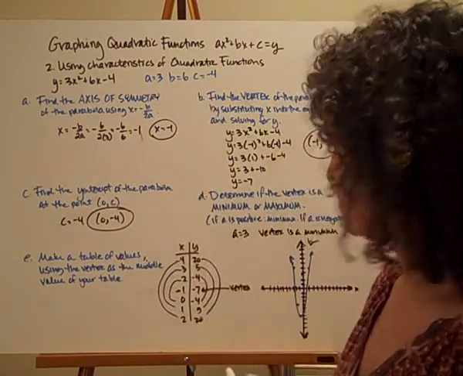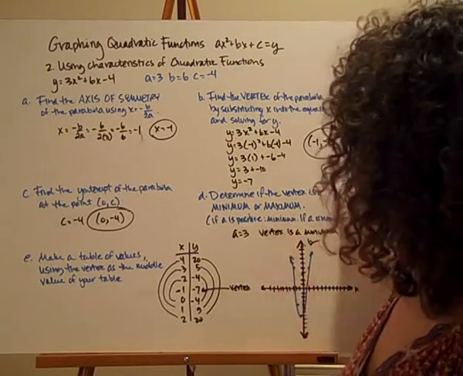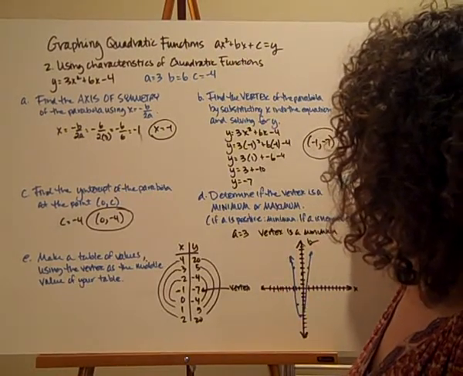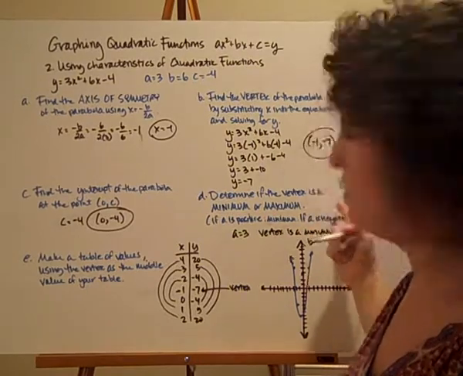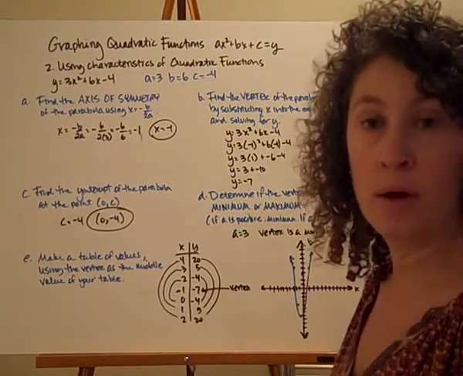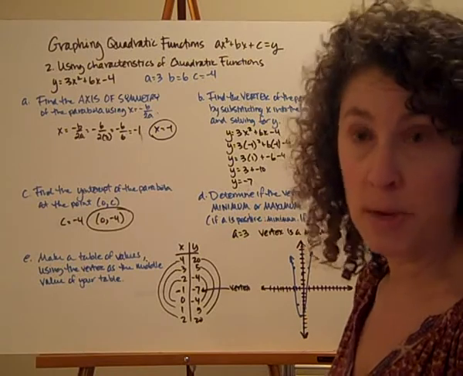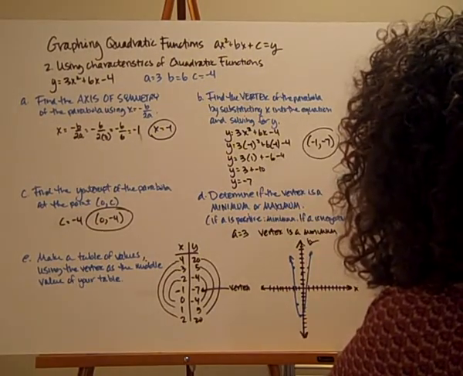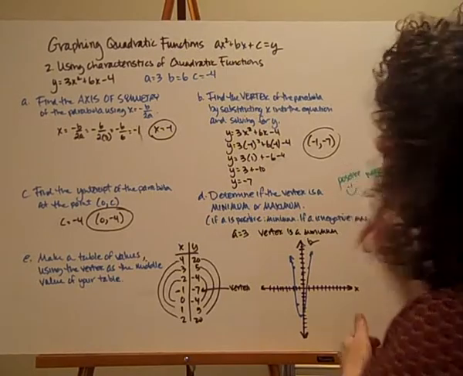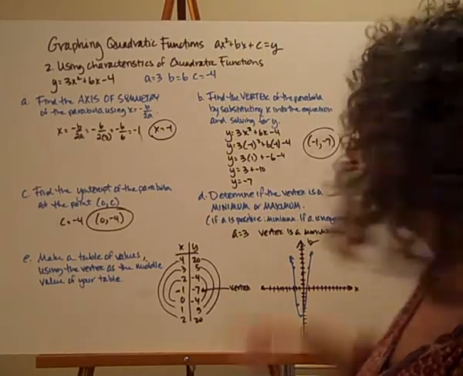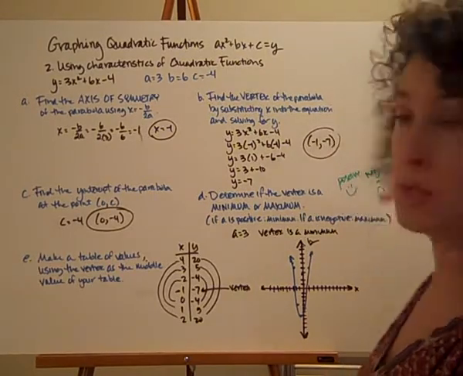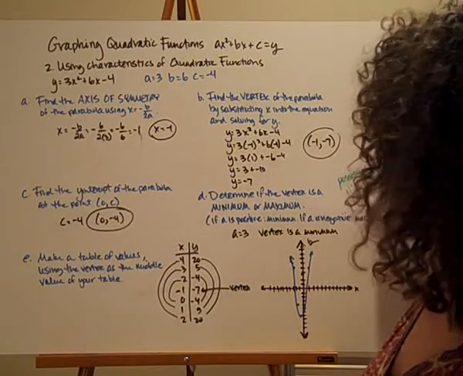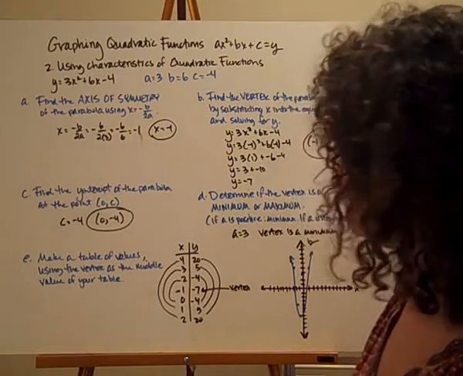And I also like to think about if we have positive, I'm going to write on this board while I'm doing this, that would be a smiley face. So that's what my parabola looks like, which means the vertex is at the bottom. It's a minimum. And if I am negative, I've got a frowny face, which means that my vertex is at the top, which means it's a maximum because it's at the top. So positive, the vertex is at the bottom; negative, the vertex is at the top.